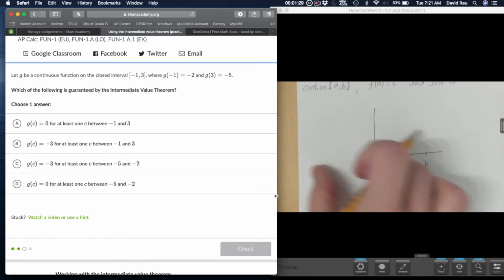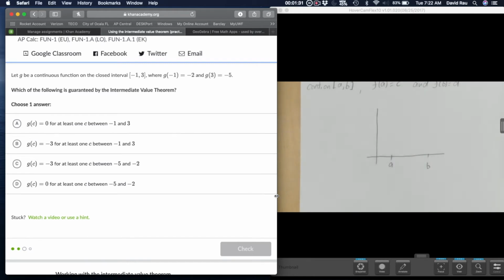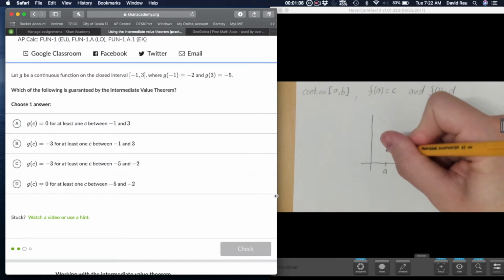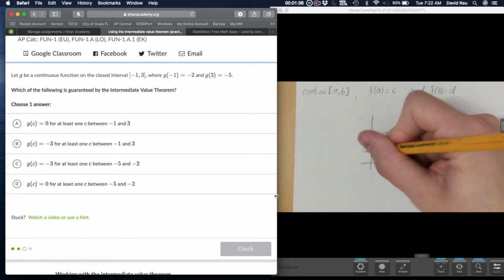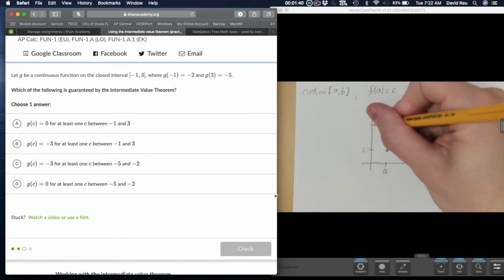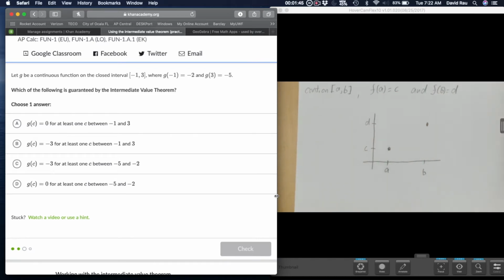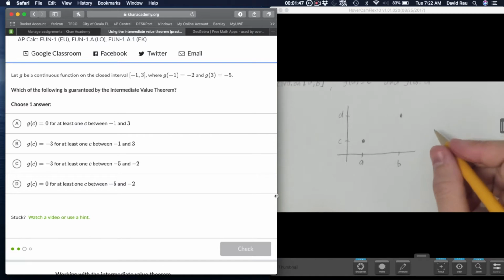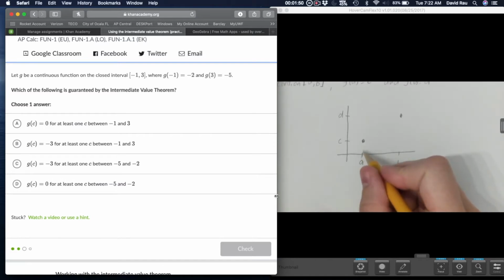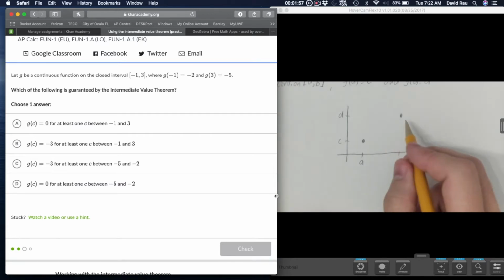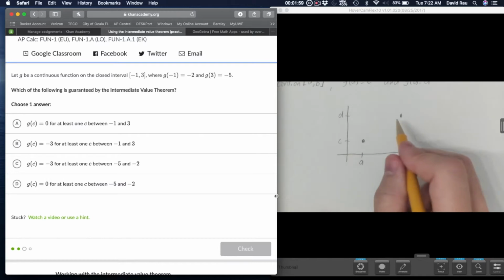They could be slid around anywhere, but let's say they're here for argument. And let's say the value c, notice that's a y value, is here, and for the sake of example, put d right here. From this picture, hopefully you would agree that f of a is c. That's what that means. The y value at the x value a is c, and the y value at the x value b is d.